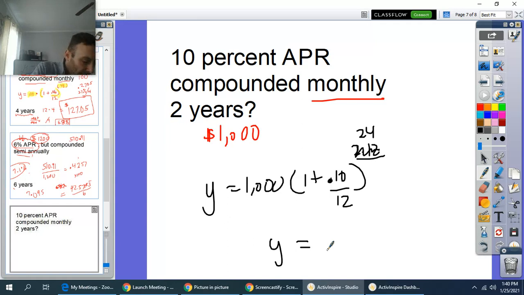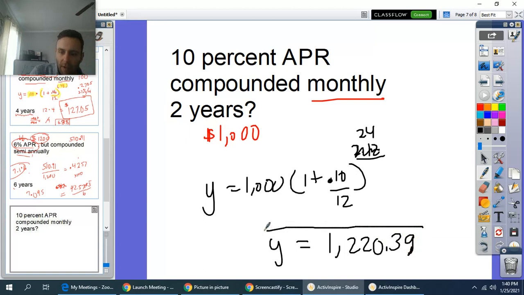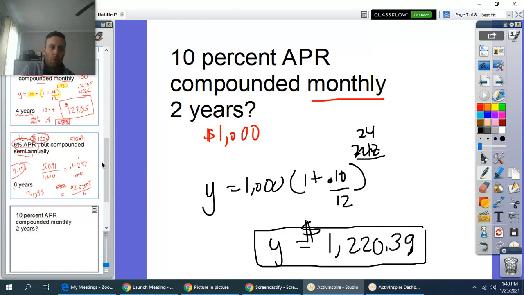If you're getting a different answer than me, it means that you're rounding and not leaving it in your calculator. My final answer is $1,220.390, and because that's my final answer, I can round. That's how much money I would make after 2 years.